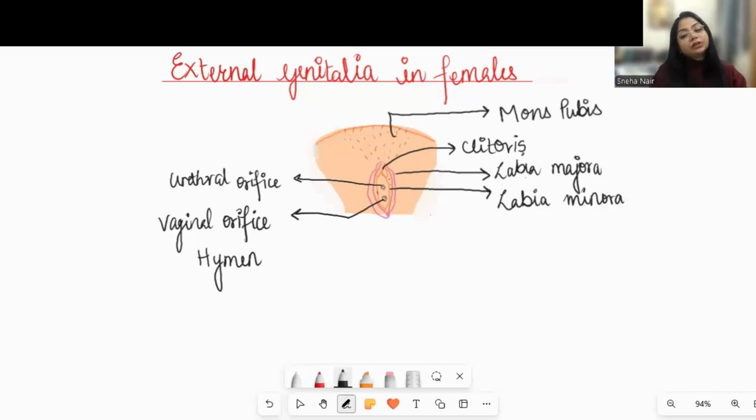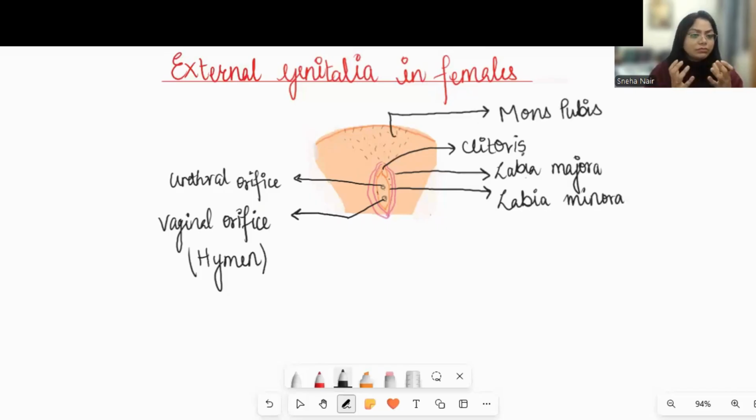Now, children, it is very important to know that the vaginal orifice is covered by the hymen, and whenever the hymen breaks, it causes a little amount of bleeding. This hymen breaks during the first intercourse, but it might also break due to other reasons, for example during horse riding or vigorous cycling, or maybe due to a sudden fall or jolt.